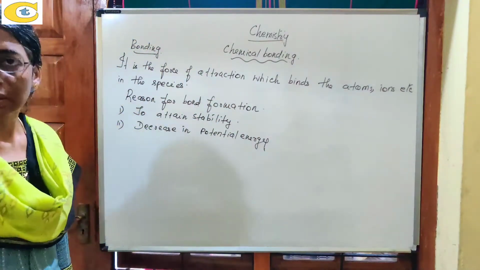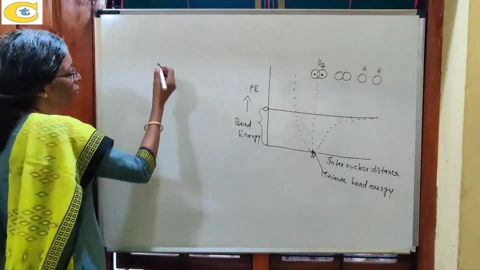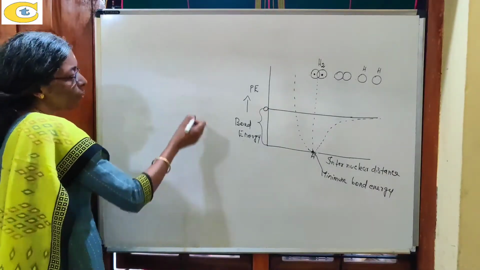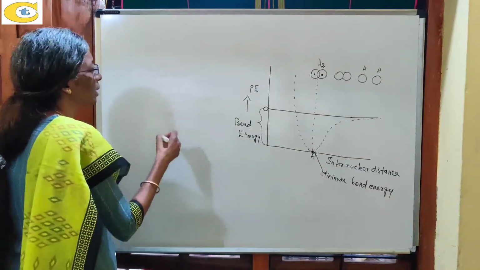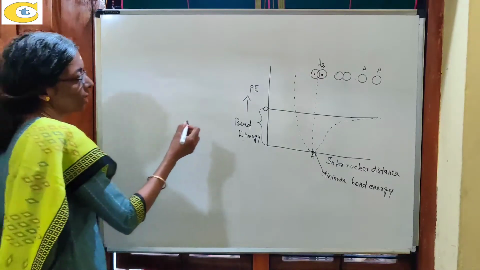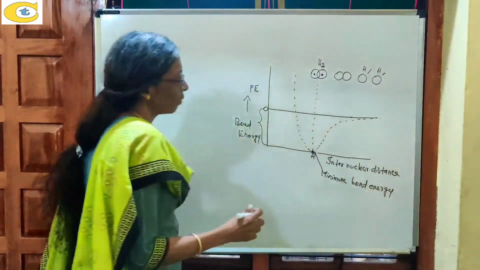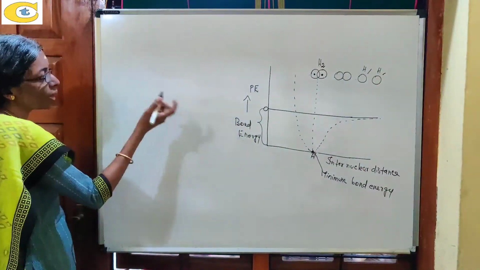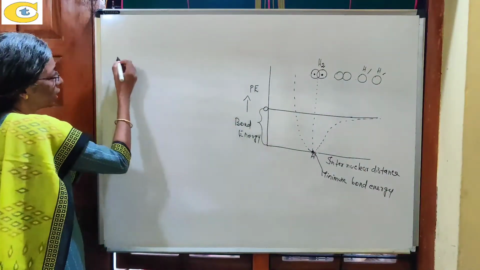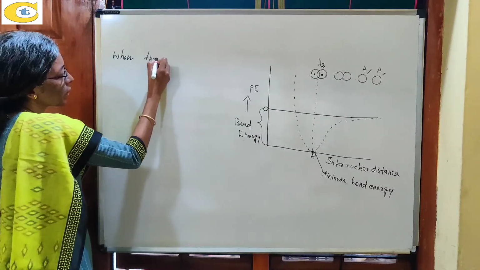See here, there is a graph. We studied the reason for bond formation: potential energy decreases. So let us see how the potential energy decreases. You see here these two hydrogen atoms.